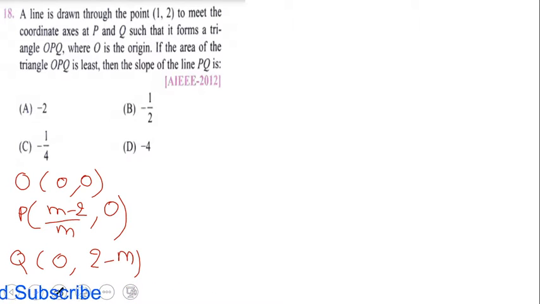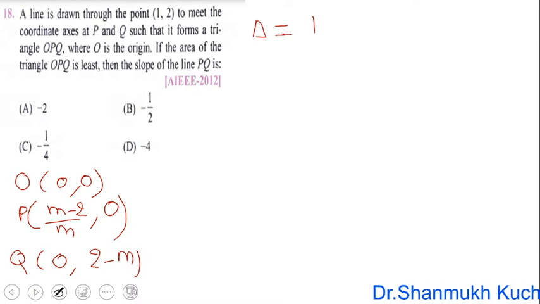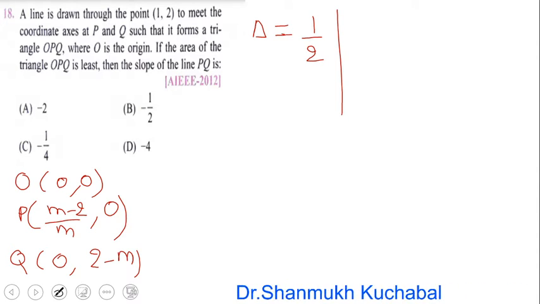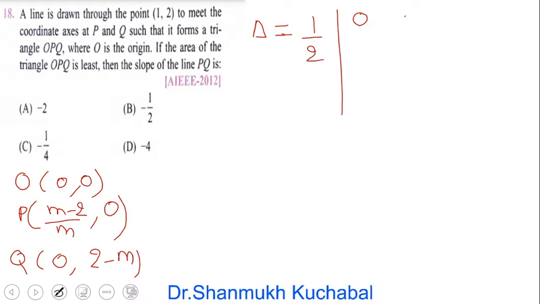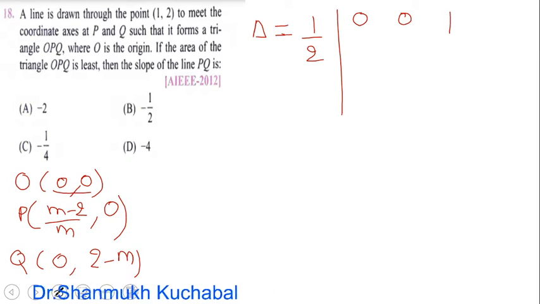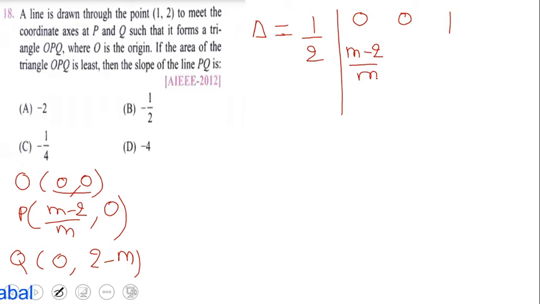Then the area of triangle OPQ is given by a formula. The first row is x1 y1 1, that is 0 0 1. Next I take (m minus 2) divided by m, 0, 1.